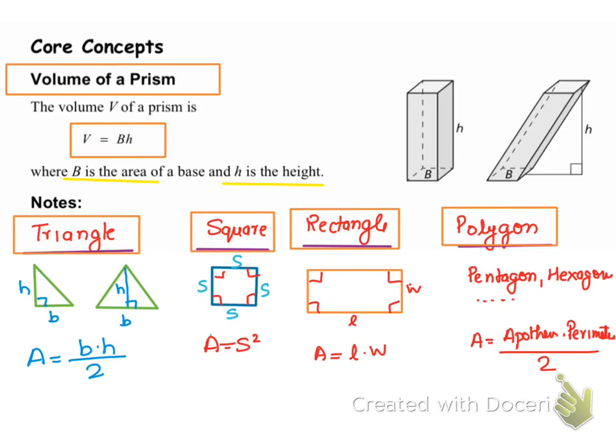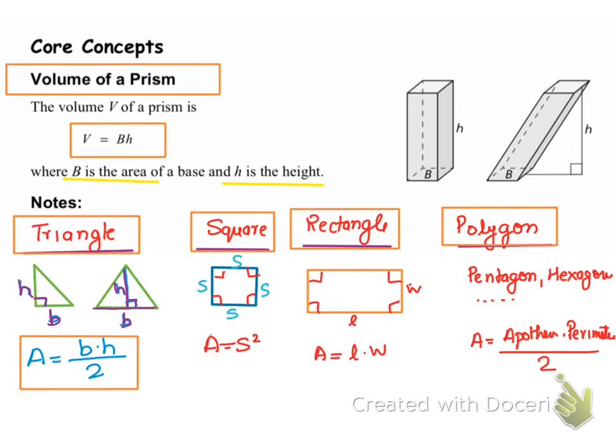All right, so you need to know if it is a triangle. Let me review once more with you. A triangle could be like this, where you have base and height here, or it could be a triangle like this, where this is the base and this is the height. In that case your triangle's area is base times height over 2.